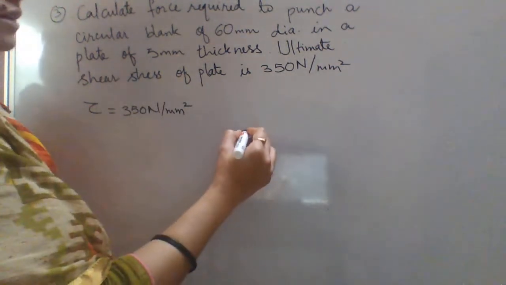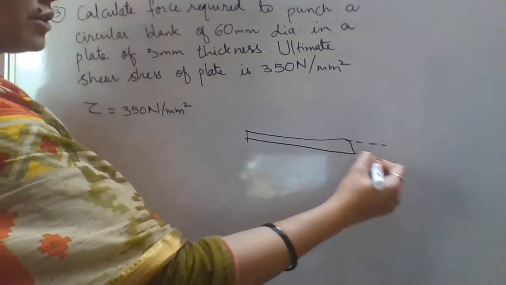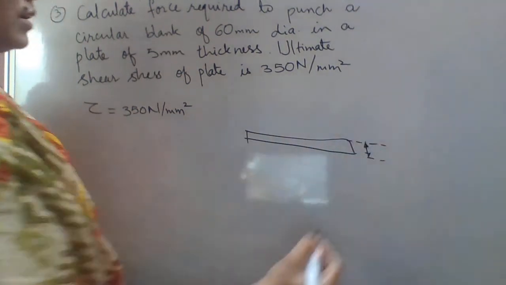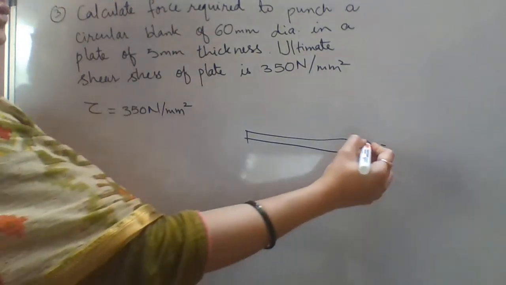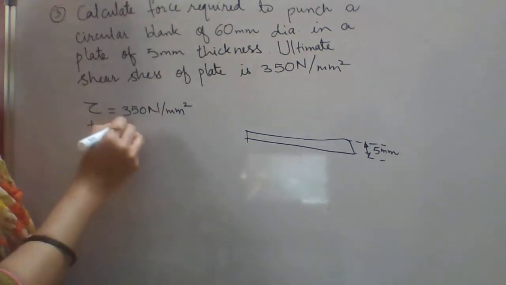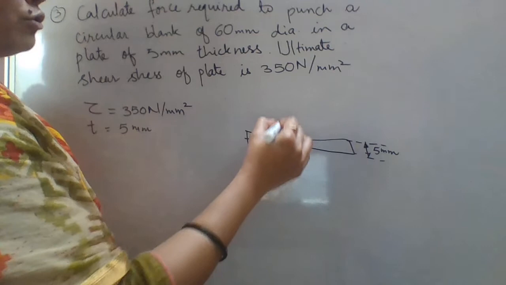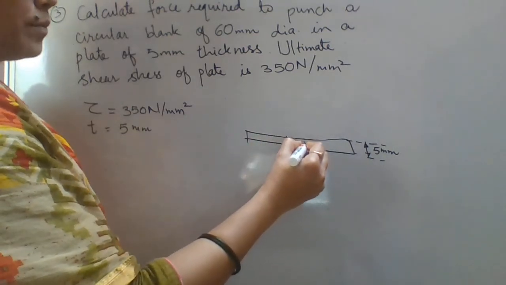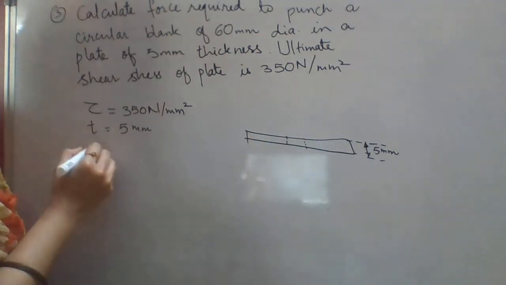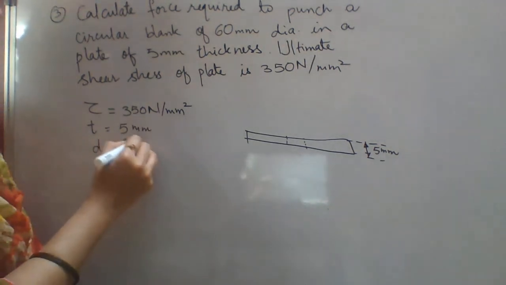So you are very well aware of this diagram. The thickness of the plate is given as 5 millimeter, so the T is given. Now we want to punch a hole of diameter 60 millimeter.